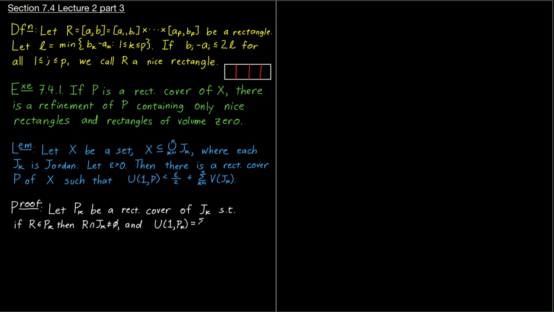The condition where R has to actually intersect J_k means I can write this upper sum as follows, and I don't have any leftover terms. I don't have to specify R intersects J. I can make this as small as I want. I want it to be at most the volume of J_k plus a little error. My error will be epsilon over 2n.